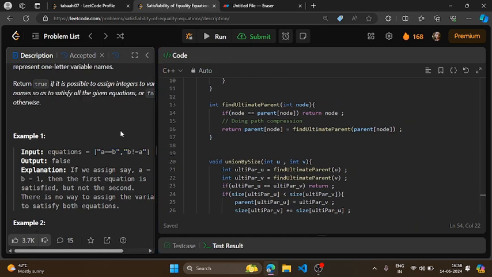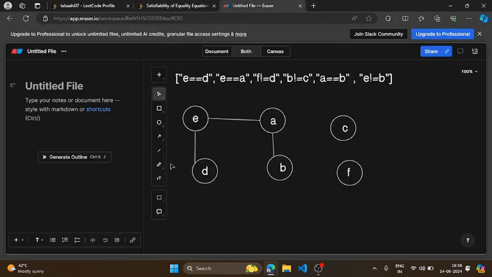So how were we checking this? In the equations we were given some characters and the equalities or inequalities among them, right? So in place of these characters we considered them as nodes of a graph. We connected those nodes on the basis of whether they have equality or not. If two characters have equality between them, we connected them, and if not, we did not connect them.